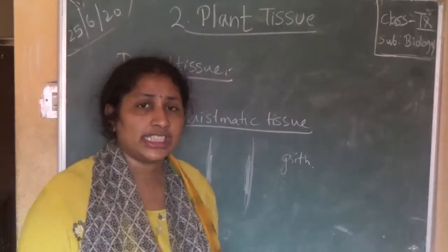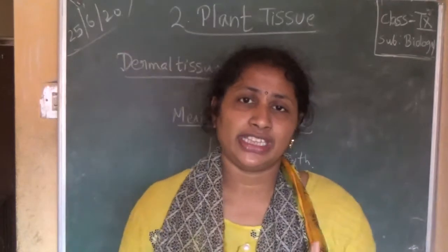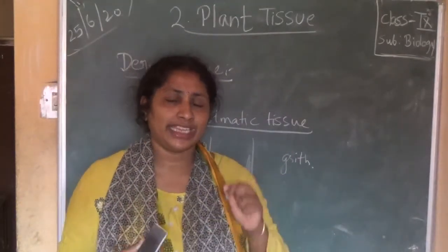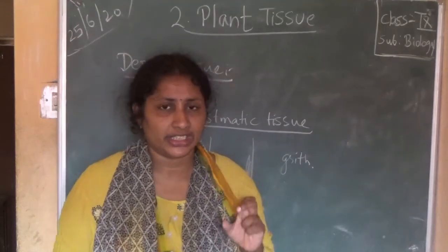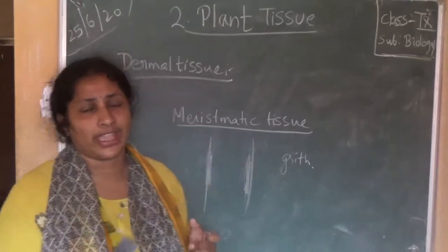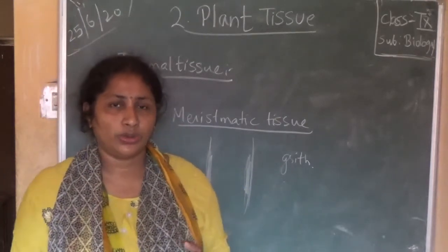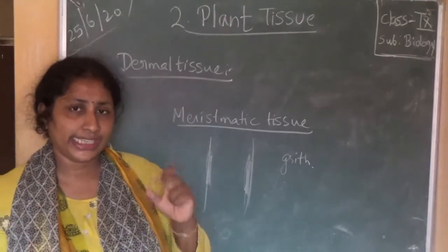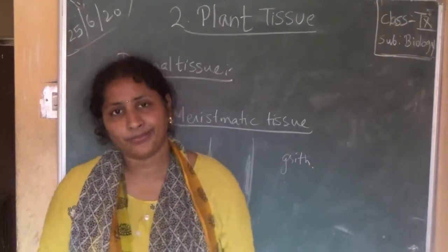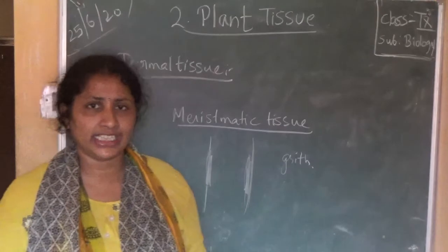Now coming to the intercalary meristematic tissue, which is also called cambium. Why? Because it is present in between the permanent tissue. That's why it is called intercalary. We have seen that in between the nodes there is an internode. In the internode position we have intercalary meristematic tissue.